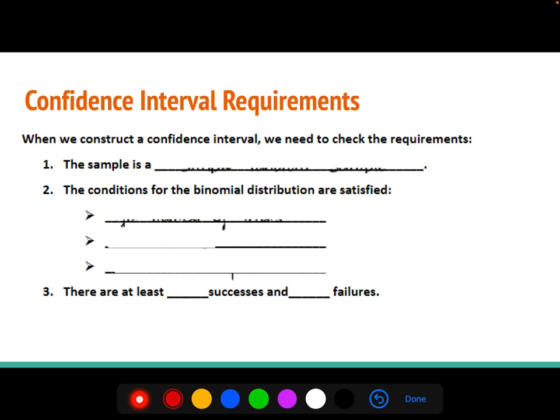Now, we need to check some requirements before we can construct confidence intervals. It has to have a simple random sample.